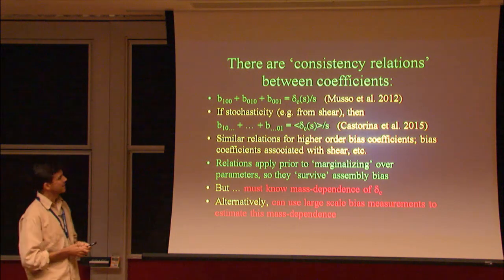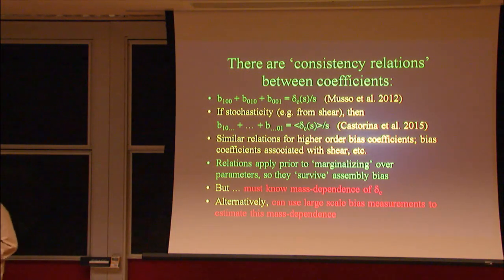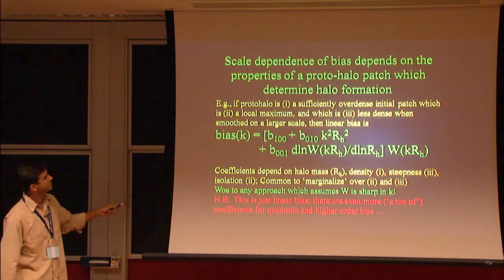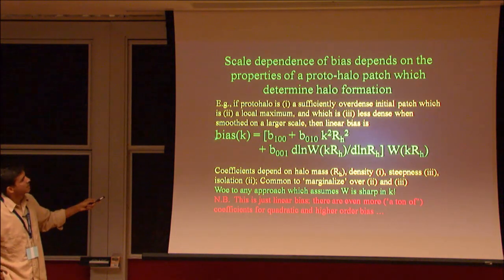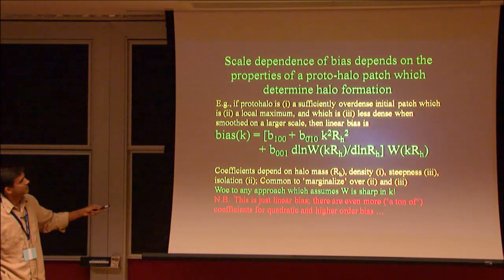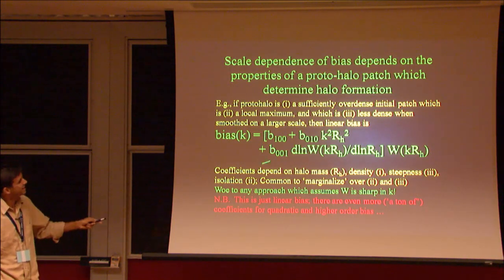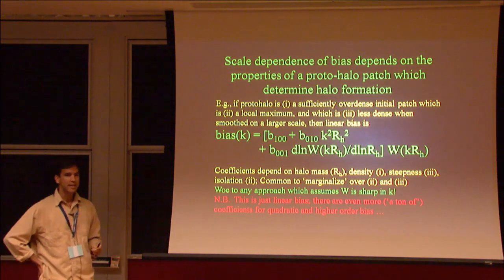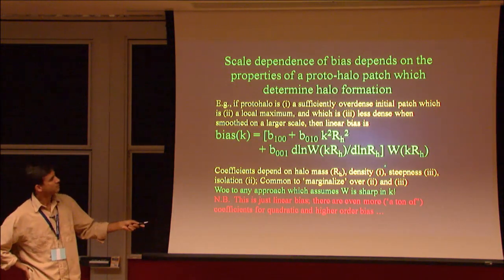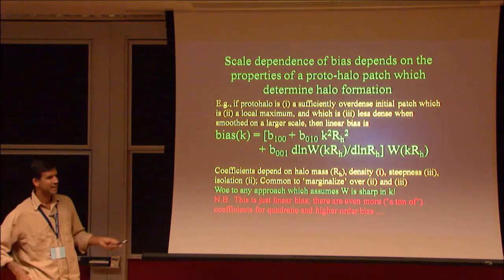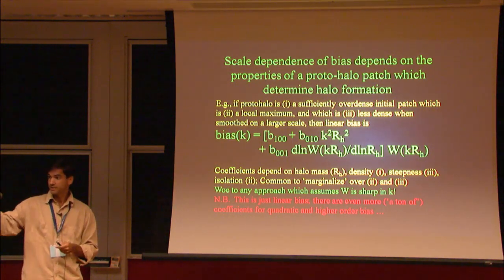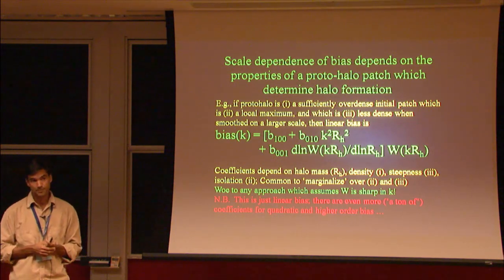So what's assembly bias in this language? In principle, bias depends on all these k-dependent pieces, and these numbers that sit here depend not just on halo mass, but also on the steepness of the profile, how isolated it is. So they depend on all the parameters that you use to define a profile.